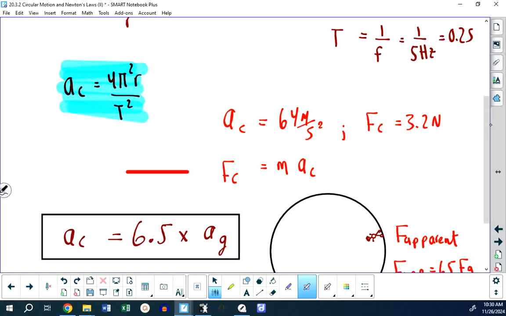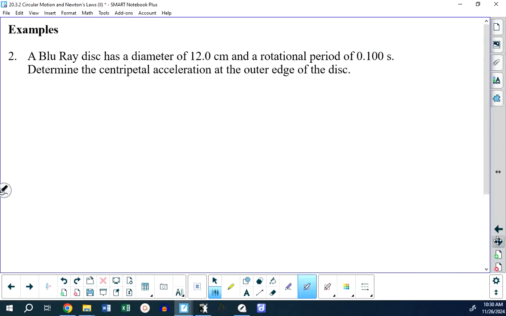Let's take a look at another example. A Blu-ray disc has a diameter of 12 centimeters. What is the centripetal acceleration at the edge of the disc if the period is 0.1 seconds? Well, this time what I will do to find the centripetal acceleration is just use the formula that takes me there the quickest. Did I write that down correctly?